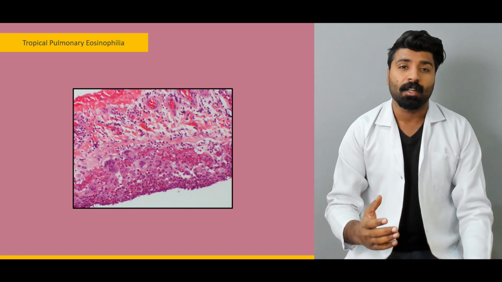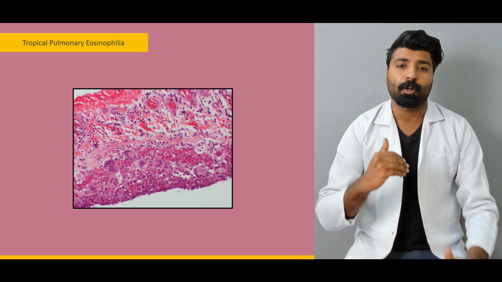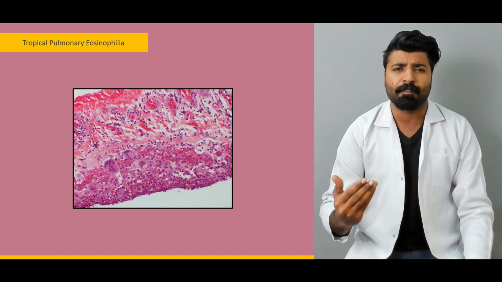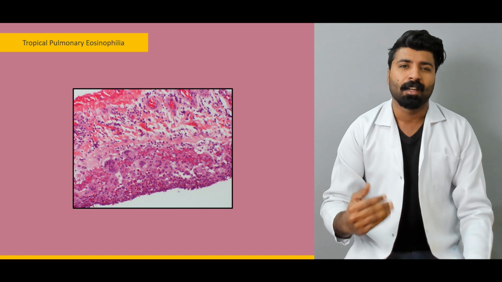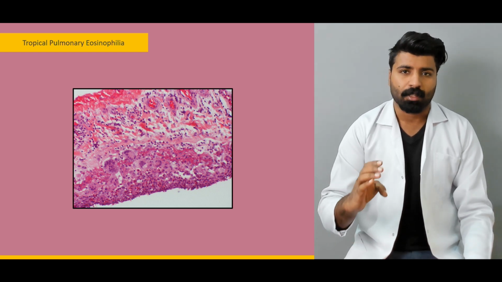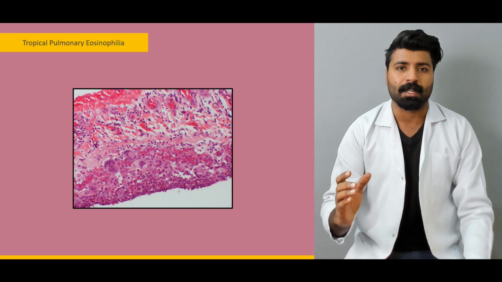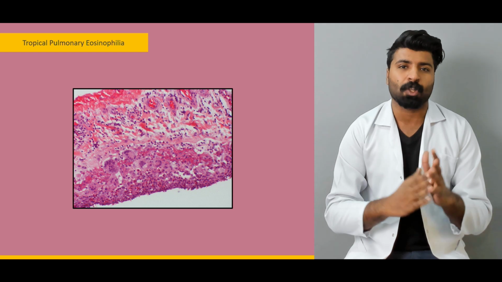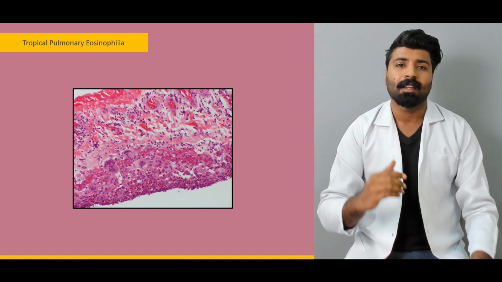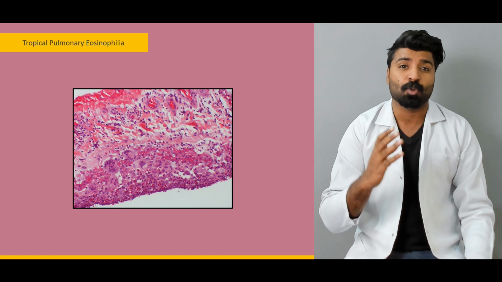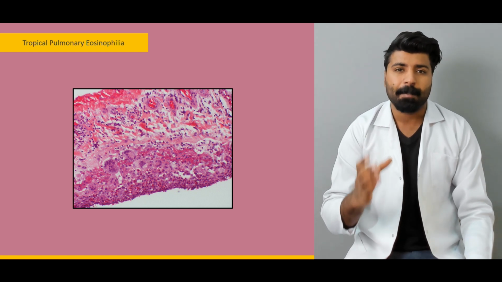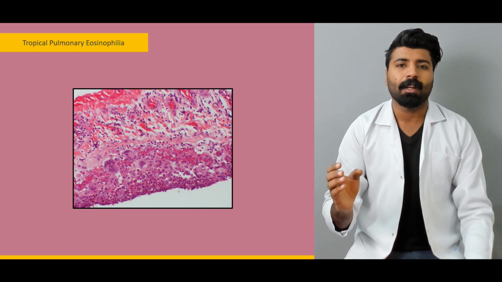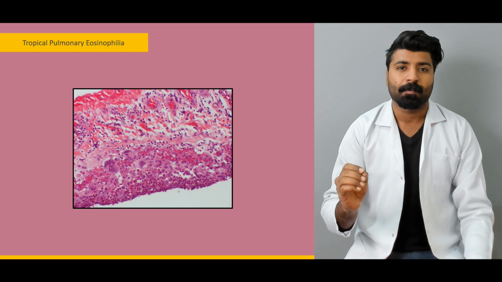Now they're actually pneumonias. If I have to define these pulmonary infiltrates associated with eosinophilia, I'll say they are chronic in some cases, acute in some cases, but they are basically pathological consequences. They are basically eosinophilia associated with what? Damage of pulmonary parenchyma, or it can be blood eosinophilia.